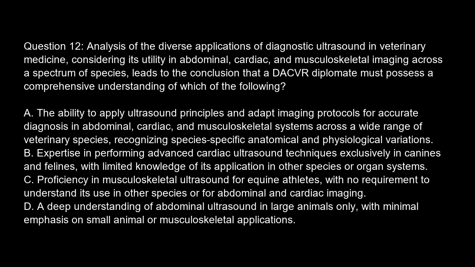Option C. Proficiency in musculoskeletal ultrasound for equine athletes, with no requirement to understand its use in other species or for abdominal and cardiac imaging. Option D. A deep understanding of abdominal ultrasound in large animals only, with minimal emphasis on small animal or musculoskeletal applications.